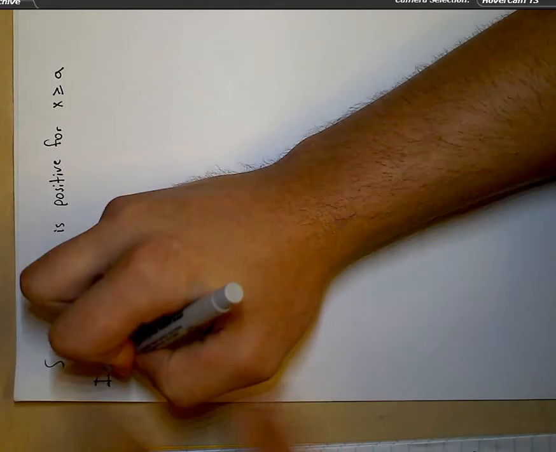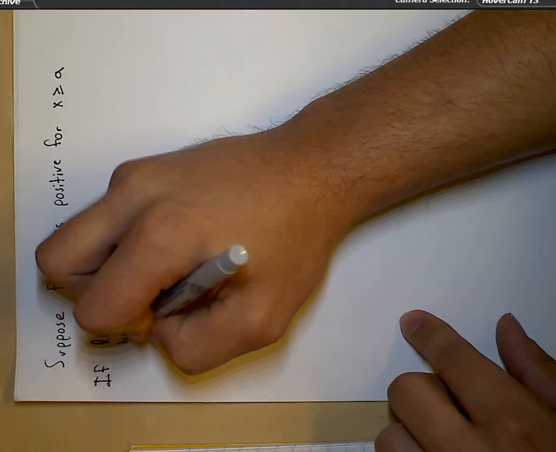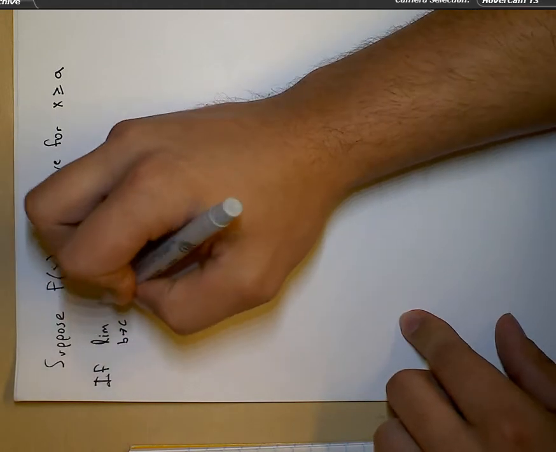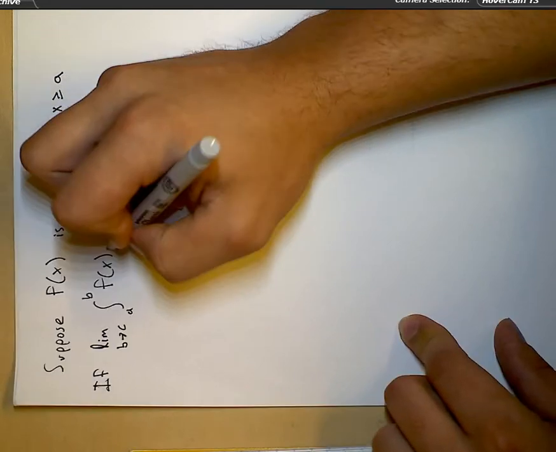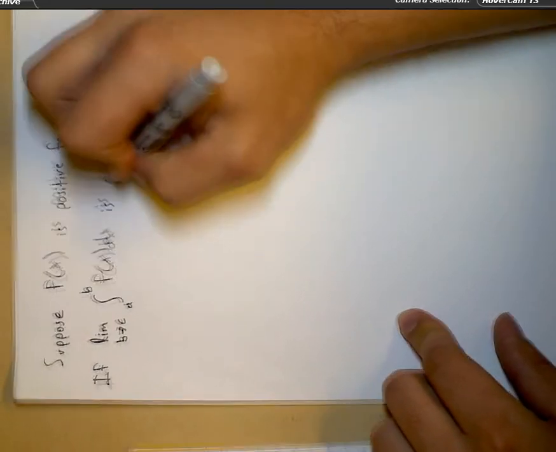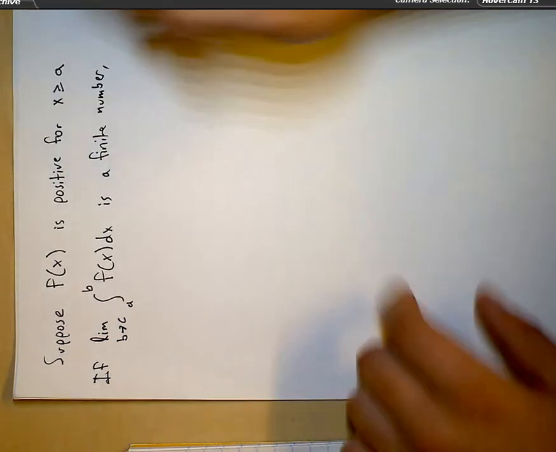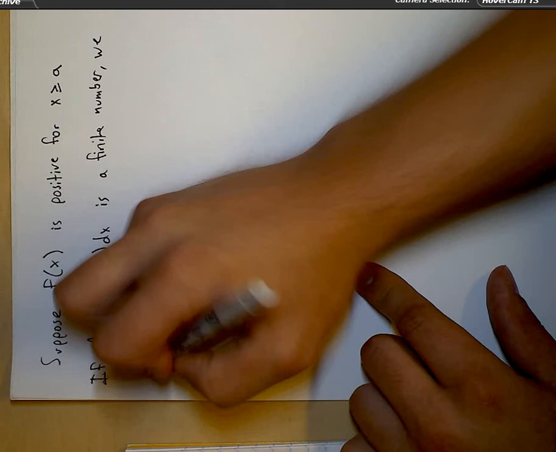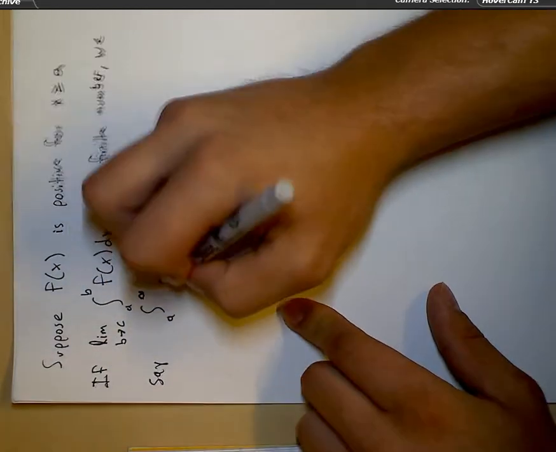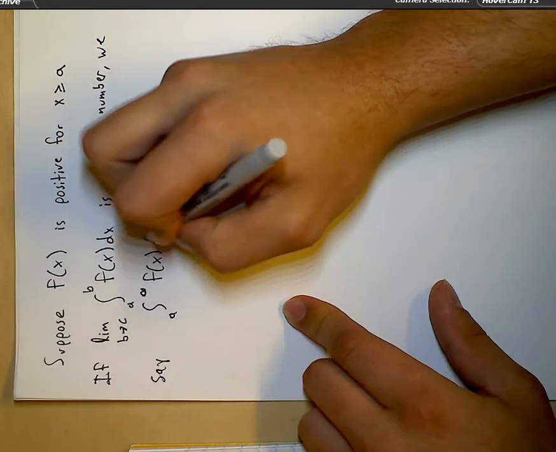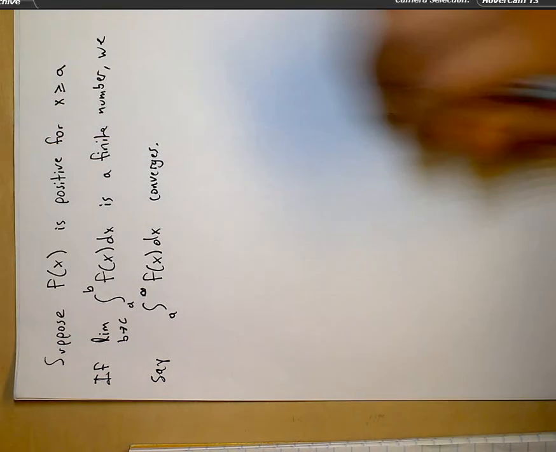Now, if the limit as b goes to c of the integral from a to b of f of x is a finite number, then we say that the integral from a to infinity of f of x converges, and otherwise the integral diverges.